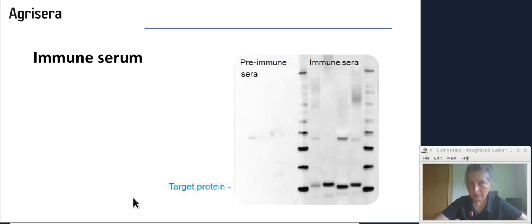Immune serum, ideally when it's tested, should not produce any signal as when it's pre-immune, before antibody production is started, and the resulting immune serum should produce a strong signal in a desired molecular weight range for our target protein in investigation. Here you see an interesting example.